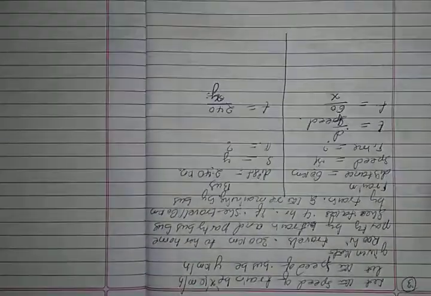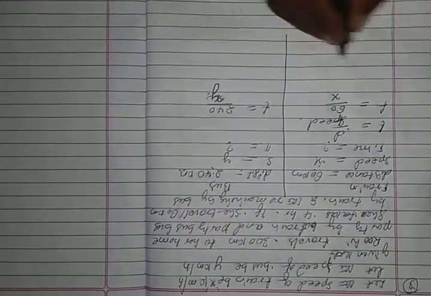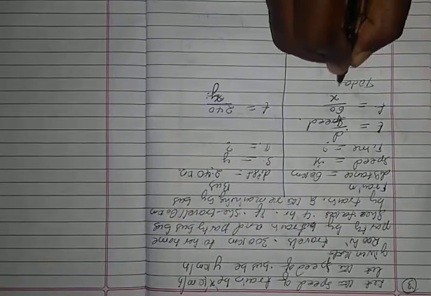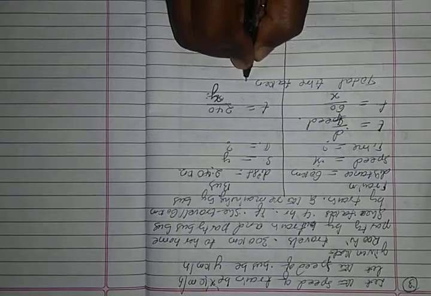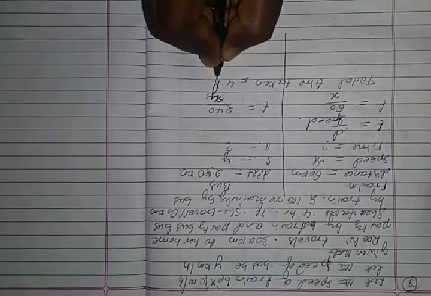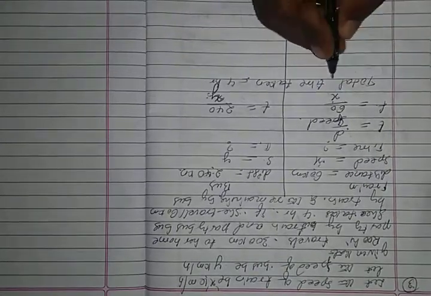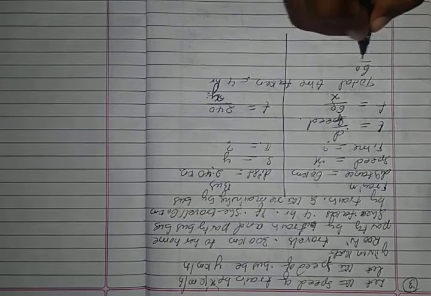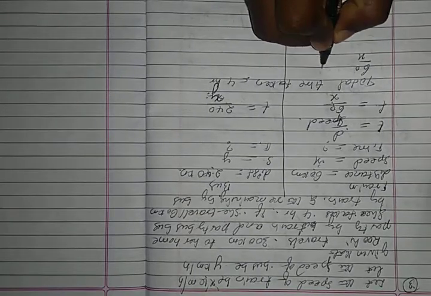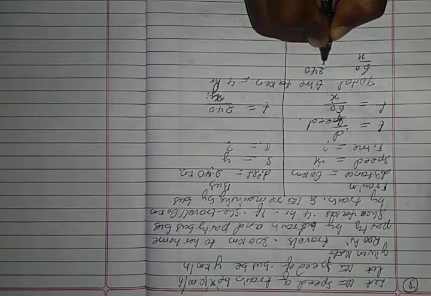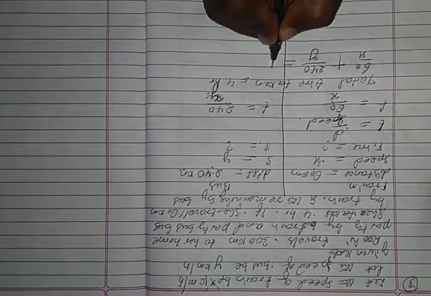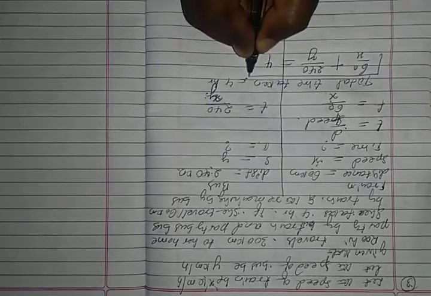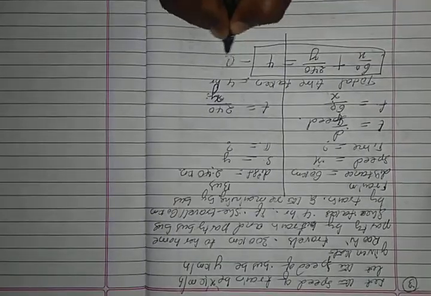So the total time taken is 4 hours, that is 60 divided by x plus 240 divided by y is equal to 4. This is equation number 1.